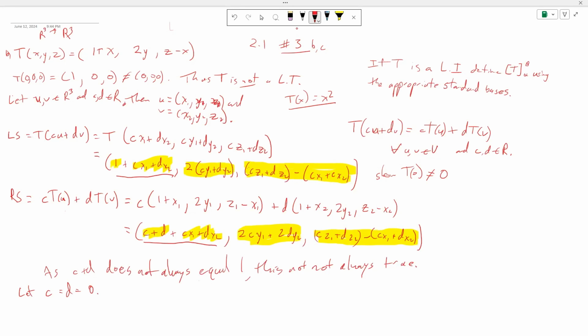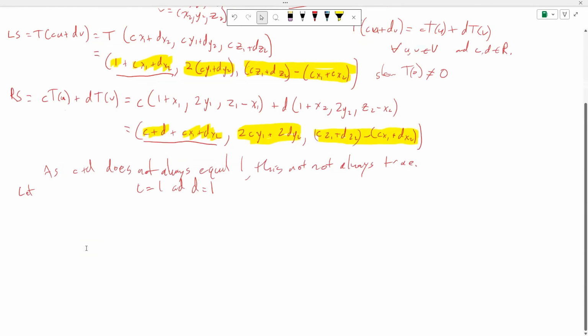You could do that, and I'll encourage you to go through that, but we're going to let c equal 1 and d equal 1. Now, we can pick x1, x2, x3 to be anything we want.